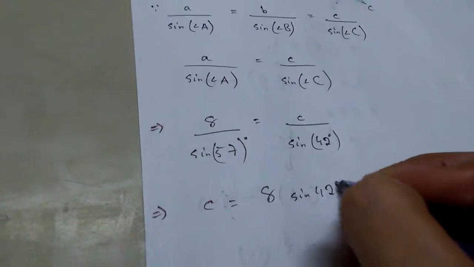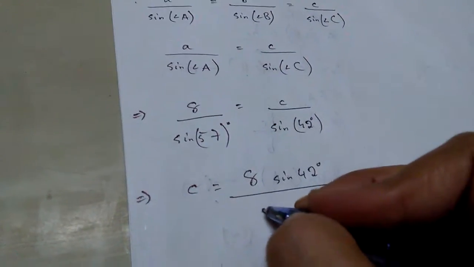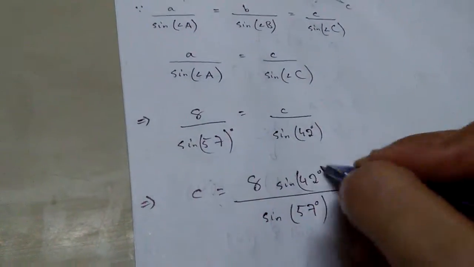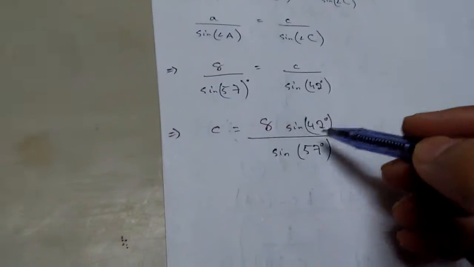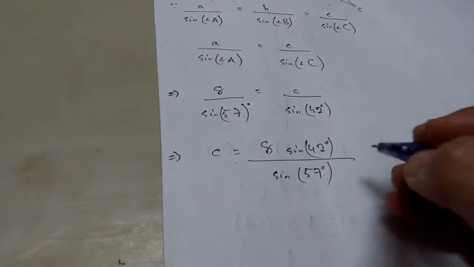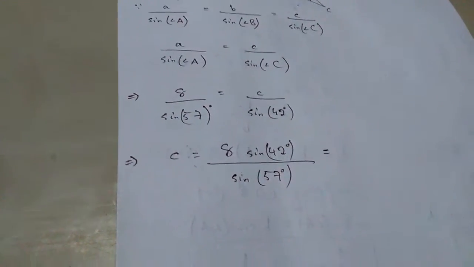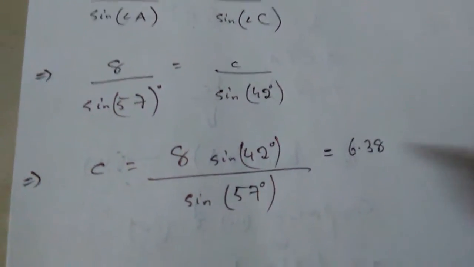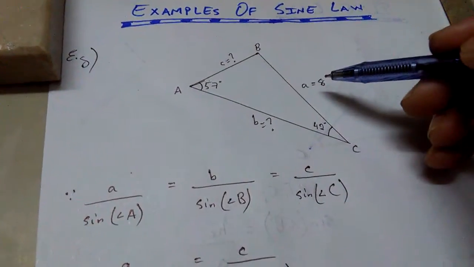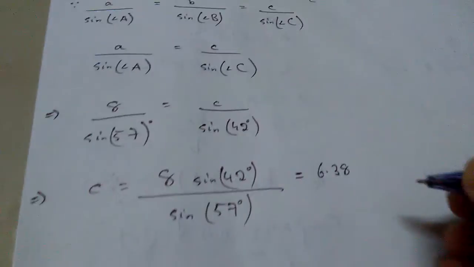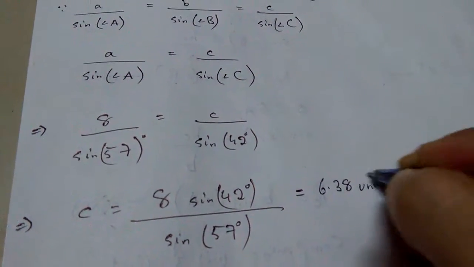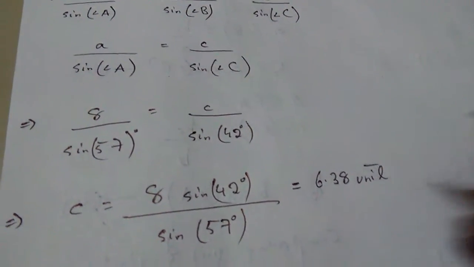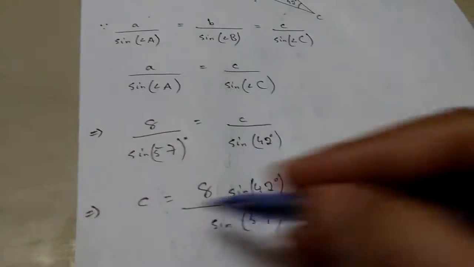You see, that's how brilliantly sine law helps us in finding the unknown sides and unknown angles. Now let's simplify this with the help of a calculator. Our answer comes out to be 6.38. The units weren't specified here, and the nature of the unit isn't specified, so we simply write units in general. So that's it. This is side c.